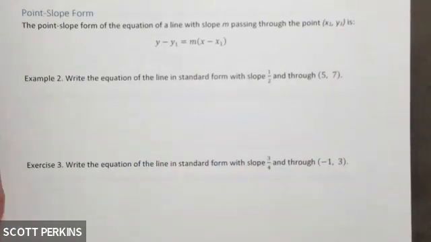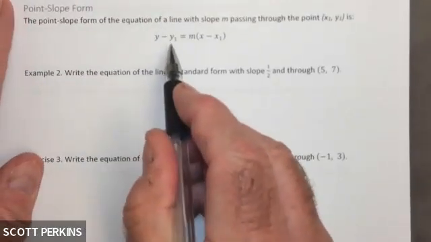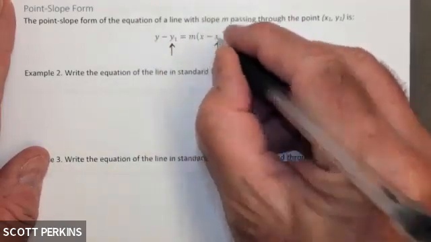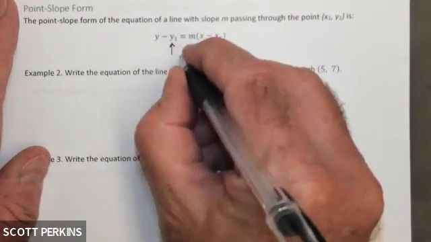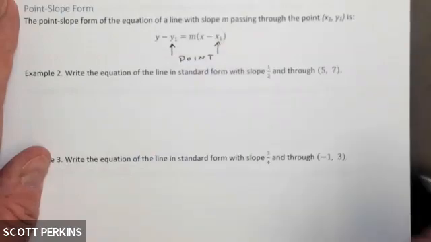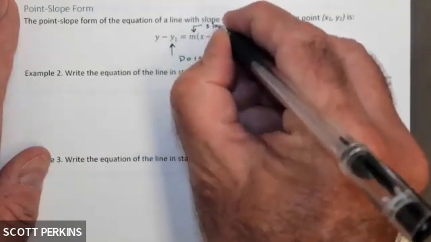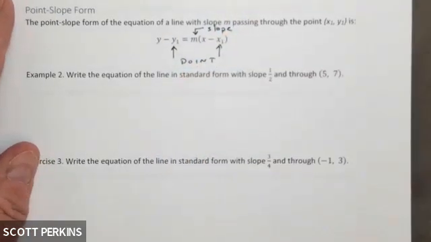What I would do is take the y variable minus the y value, whatever it is. So this right here and this right here are from the point that I've been given. And the m, I'm pretty sure this is probably obvious to you, but I'm going to make sure it is, just like before, is the slope.